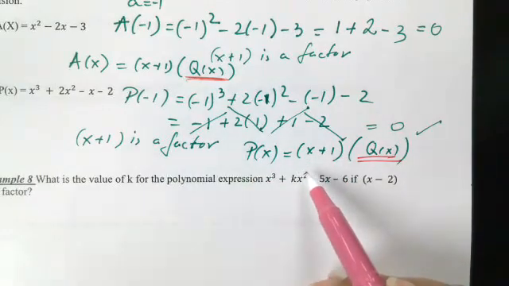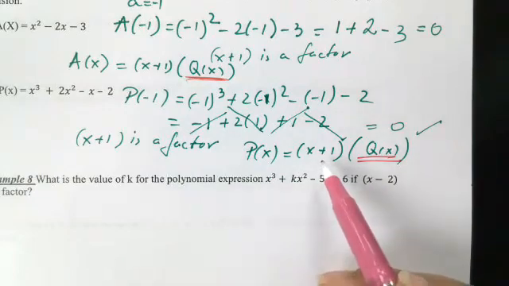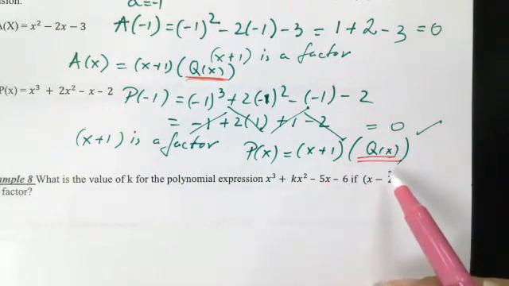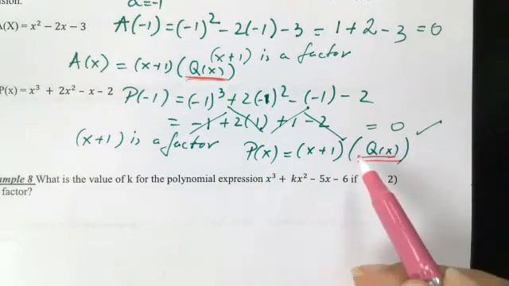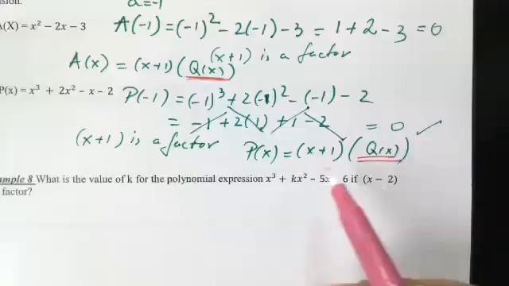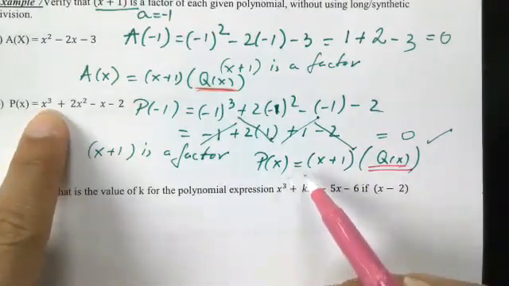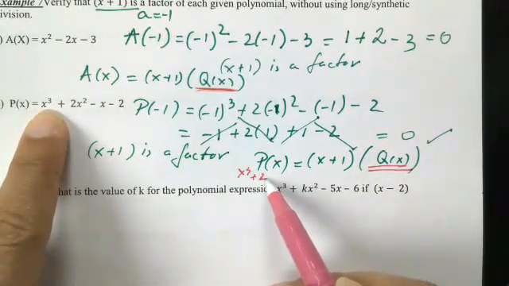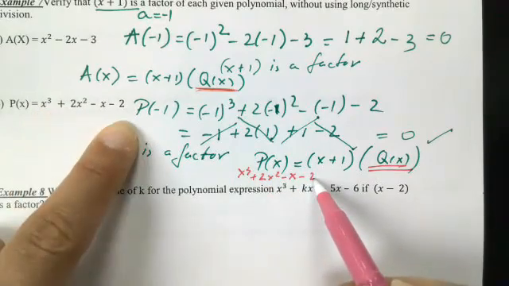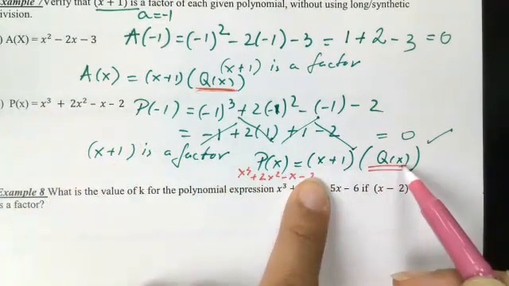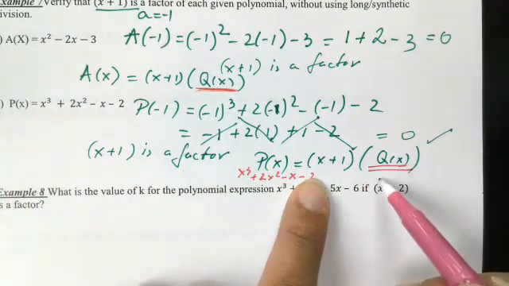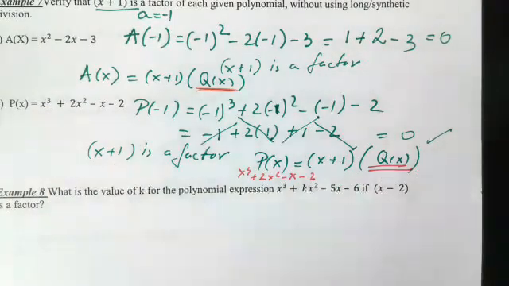So if you divide a cubic, which is x cubed, by x, what's going to be the degree of q of x in this situation? This is cubic because p of x was cubic: x cubed plus 2x squared minus x minus 2 equals a linear times what will give you a cubic? A quadratic. So for q of x, you'll know the other factor is a quadratic. That's all you know. You don't know what it is specifically, but you do know it's a quadratic.